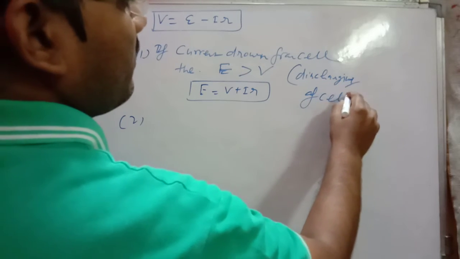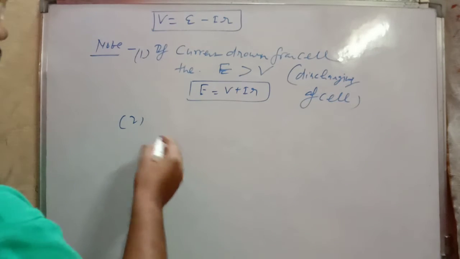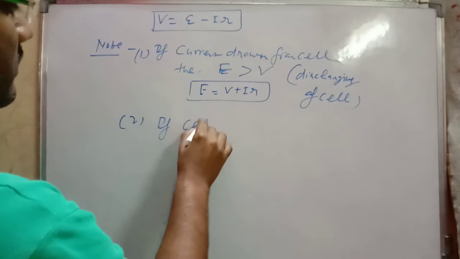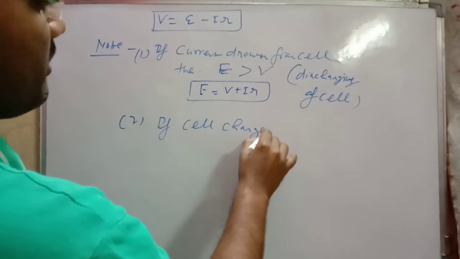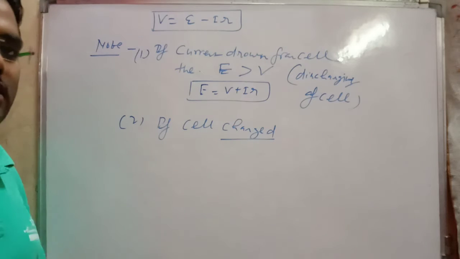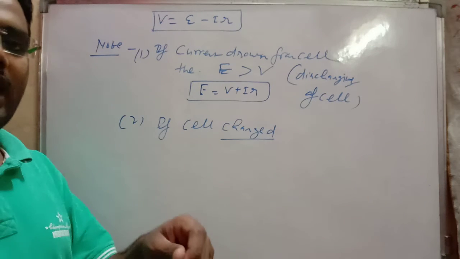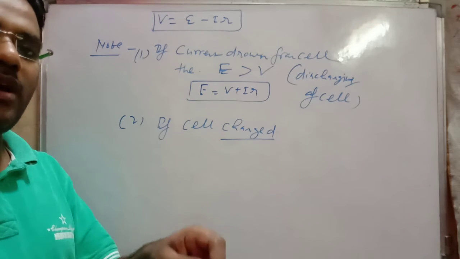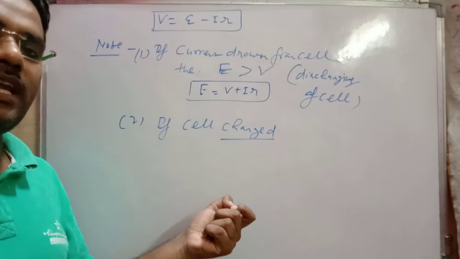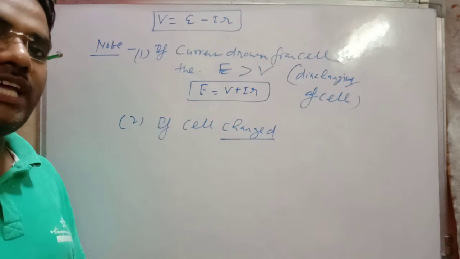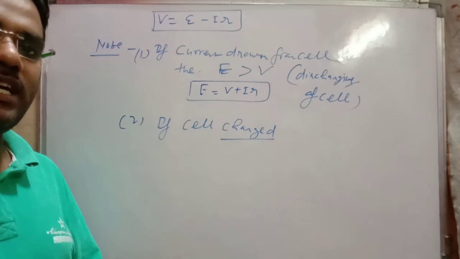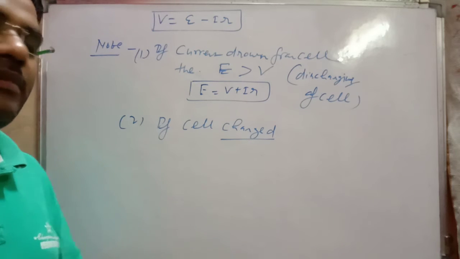Now, if cell is charged, then what happens? Then electric current flows from mains to cell. That means terminal potential difference is greater than EMF of cell.